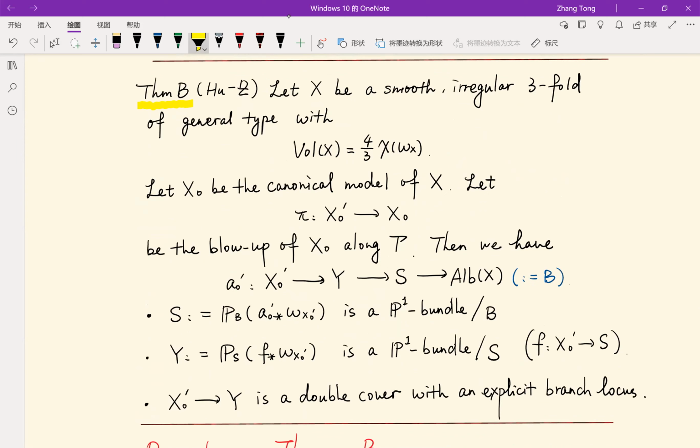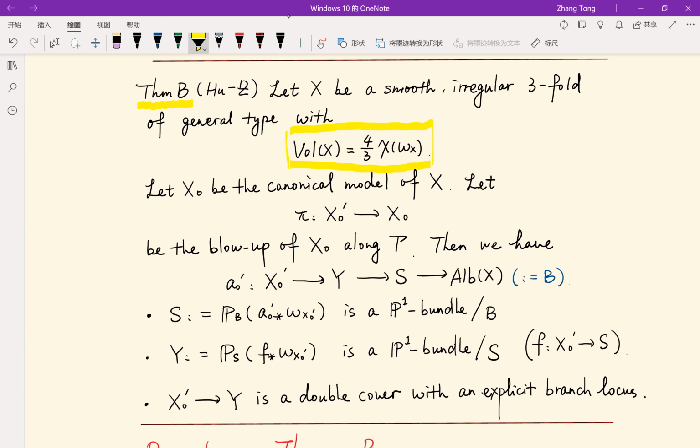Suppose we have an X, a smooth irregular threefold of general type satisfying this equality. Now I want to understand the structure of such a threefold.